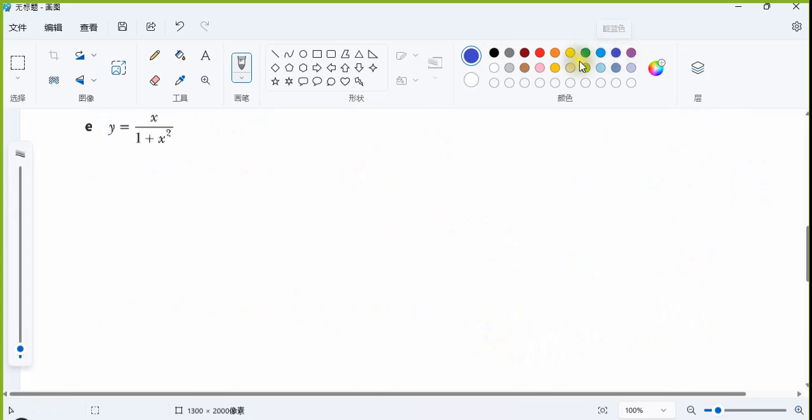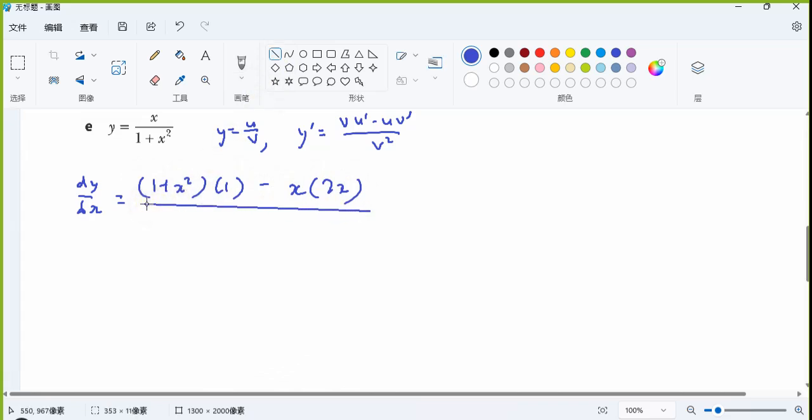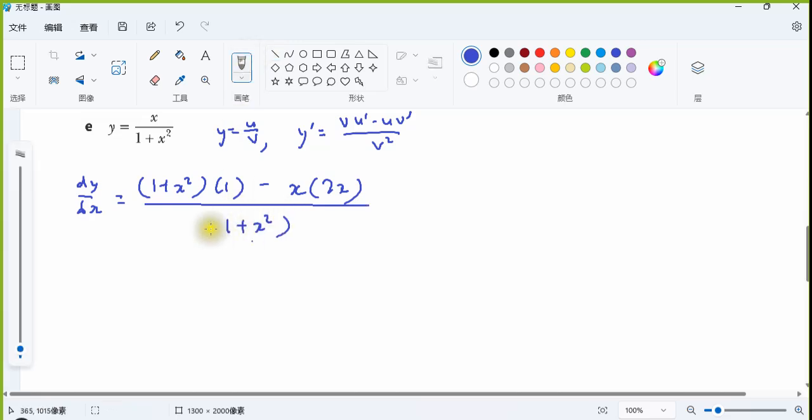So for this one, we have to use the quotient rule. So we have y equal to u over v, then dy/dx will be (v u prime minus u v prime) over v squared. So dy/dx here will be ((1 plus x squared) times 1 minus x times 2x), and the whole thing divided by (1 plus x squared) squared.